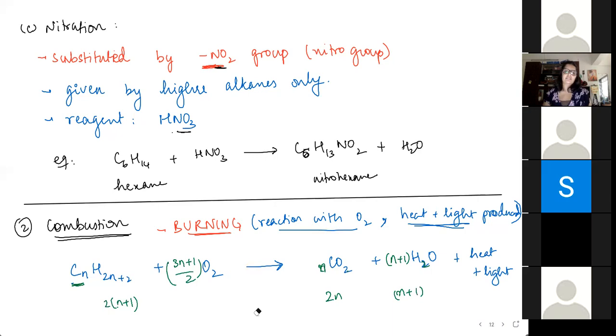So if you're very good at memorizing, you can just memorize these values, and then you can balance any alkane combustion reaction in the universe. Or you can use the same logic to figure out the balancing for any combustion reaction that you're given.